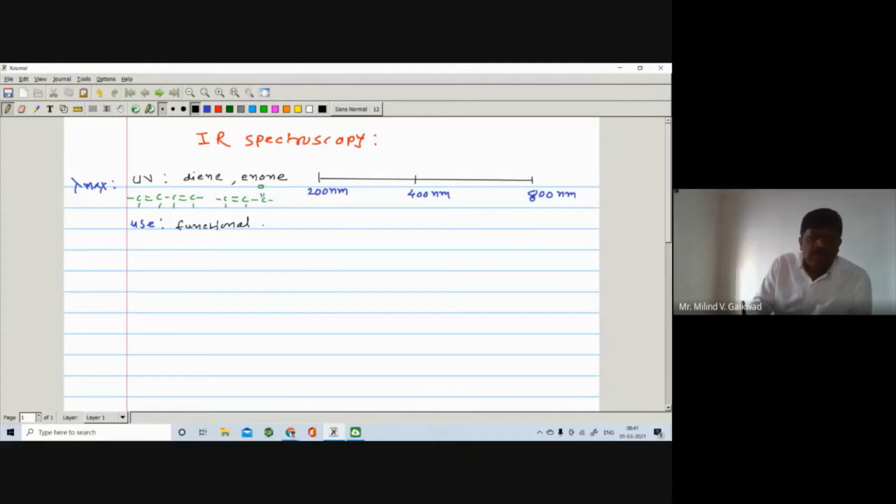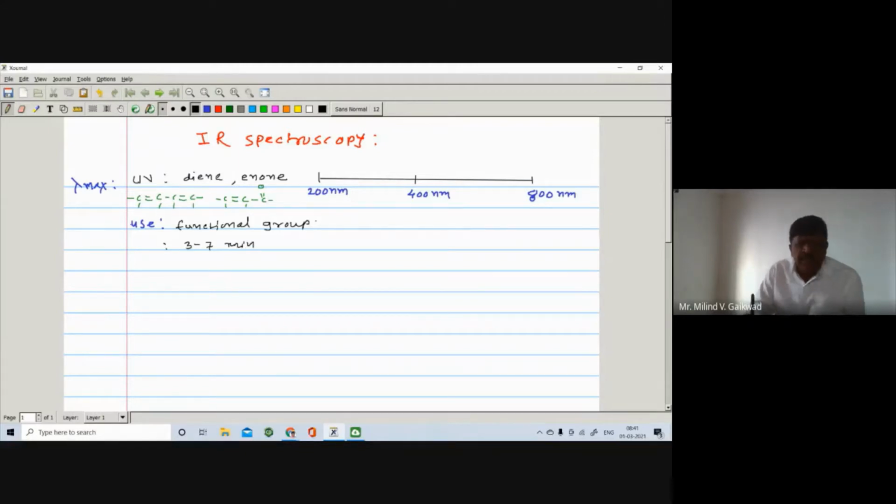We have a long list of functional groups. So this IR gives information about the functional group, and the time required to take the spectra is near about 3 to 7 minutes.